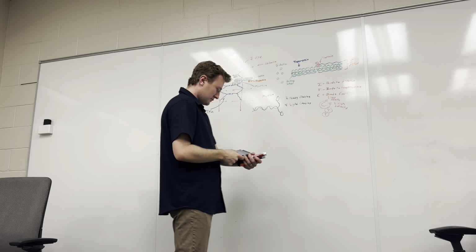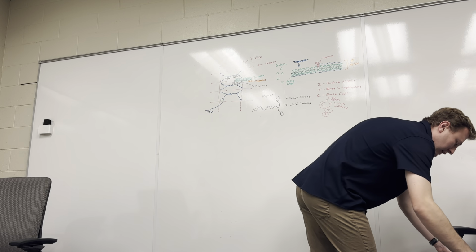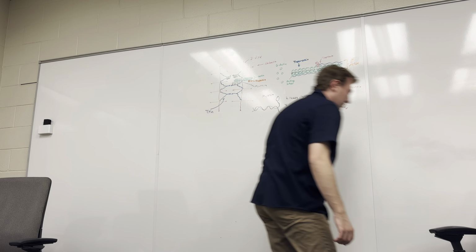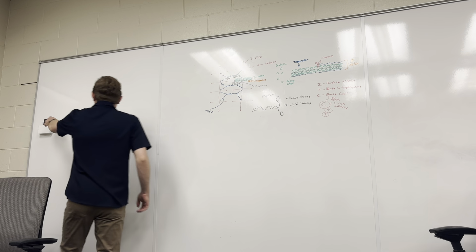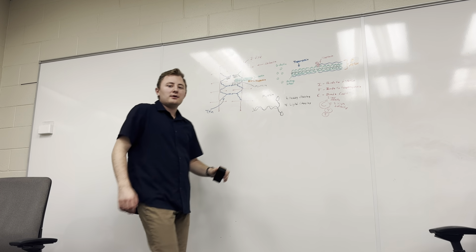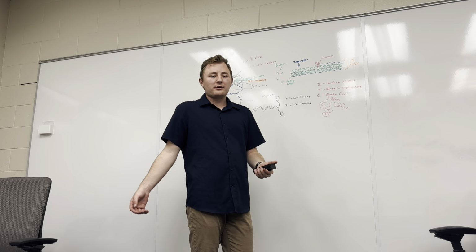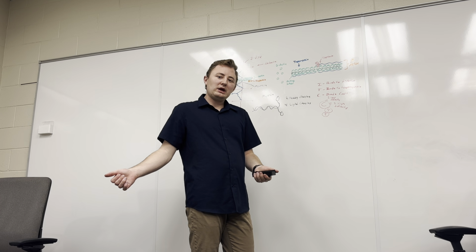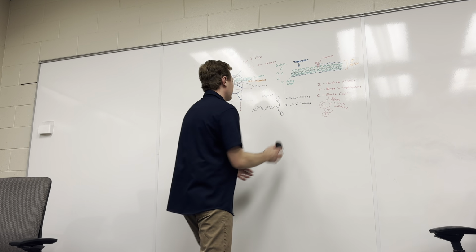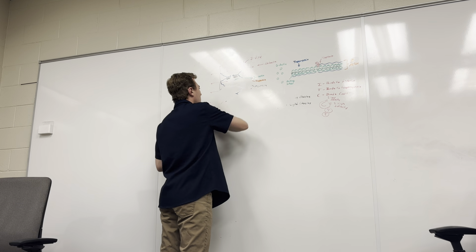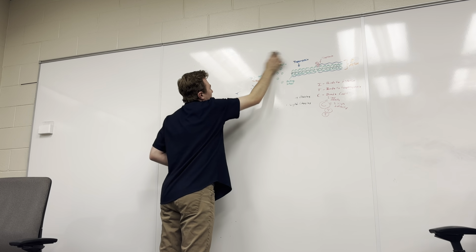Now let's talk about just a couple of mechanisms that go behind how myosin works to actually help us with contractions. And so, erase this. Let's start in the next part.